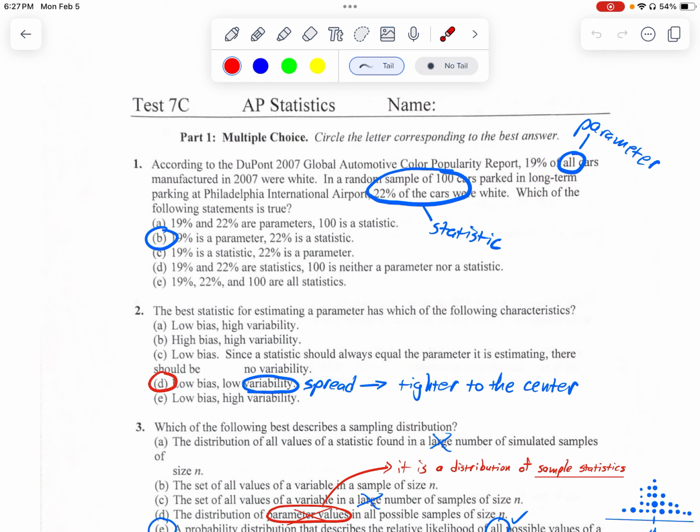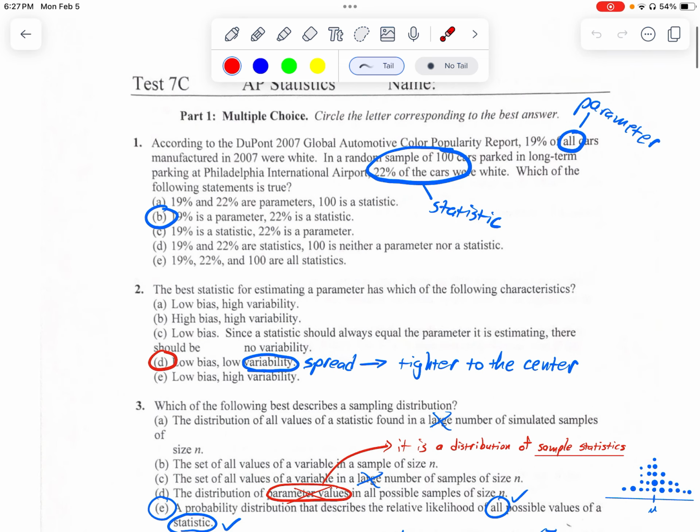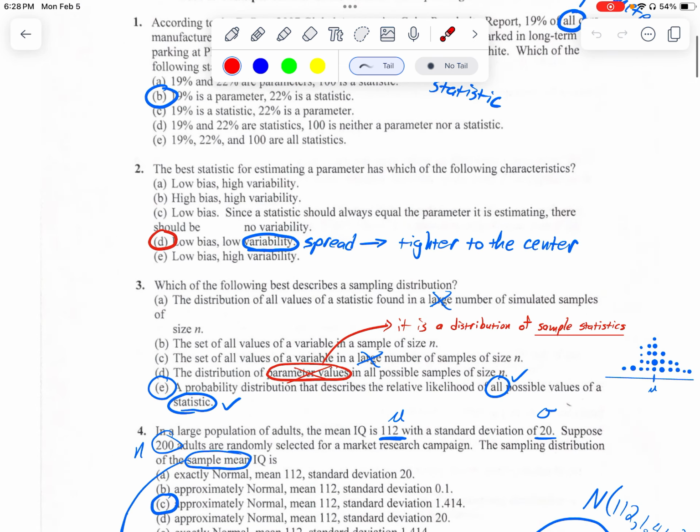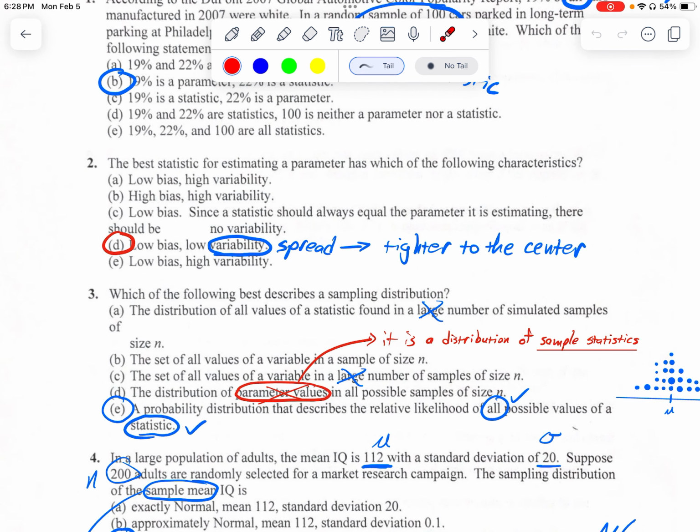And then here it says there was a sample, and samples produce statistics. And 22% of the cars in that sample were white. So that is B. Pretty straightforward.